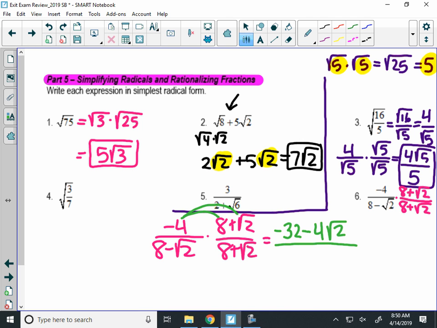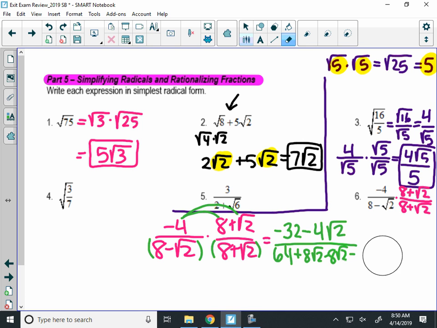And in the denominator, you can do this the simplified way. I'll show you in a second. But you're going to multiply, FOIL the denominator. So 8 times 8 is 64. Plus 8 radical 2, minus 8 radical 2, and then negative radical 2 times a positive will be negative radical 4, but remember radical 4 simplifies to be 2.